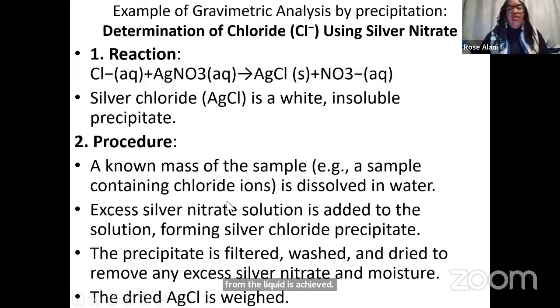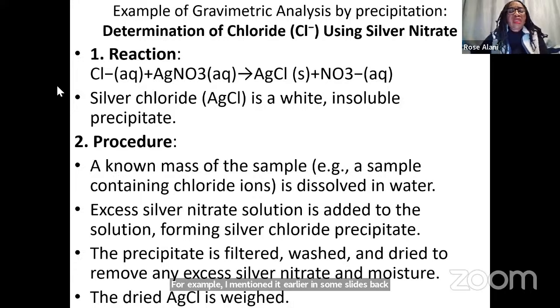So let's look at a typical example here of determining chloride using silver nitrate. I mentioned it earlier some slides back, but here is how it works.